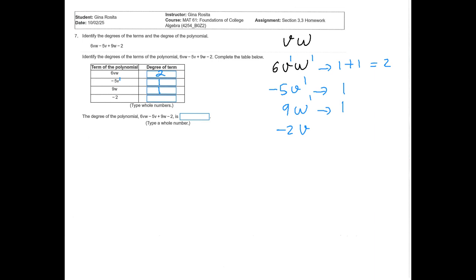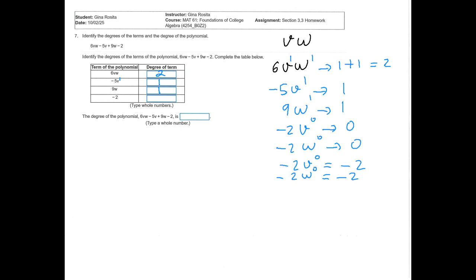It's the same, because remember, the exponent 0 always gives 1. So you can choose. Negative 2V to the 0 means negative 2, or negative 2W to the 0, the same. The answer is negative 2. So you choose which one. So the degree of the term negative 2 is 0.